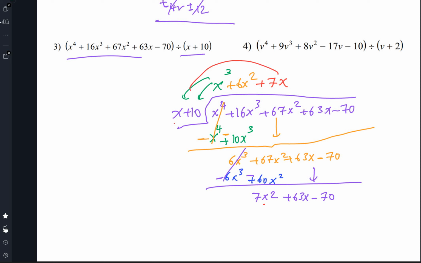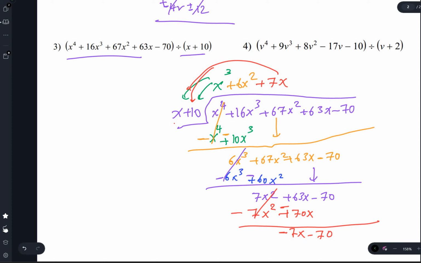Then multiply 7x by both of them. 7x times x equals 7x power 2. 7x times 10 equals positive 70x. Change the sign, negative, negative. Cancel. 63 minus 70 equals negative 7x, minus 70.